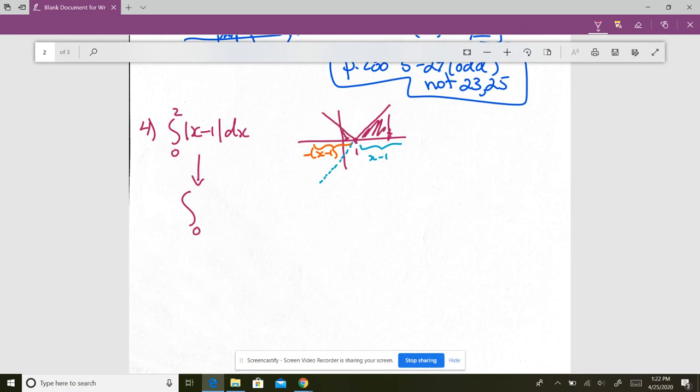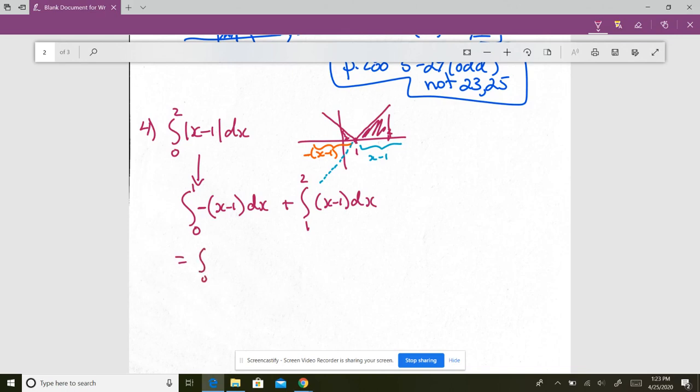So you have to go integral from 0 to 1 of negative (x minus 1) dx plus the integral from 1 to 2 of (x minus 1) dx. So it has to be broken into two different integrals. Depending on what the graph looked like, it could be 3, 4, whatever. It could be an infinite number. Then you evaluate each one separately.